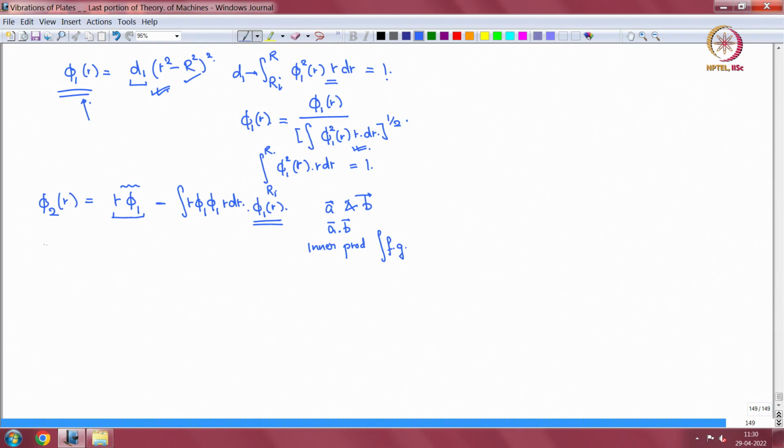Okay, so now shall we check if phi 2 and phi 1 are orthogonal?